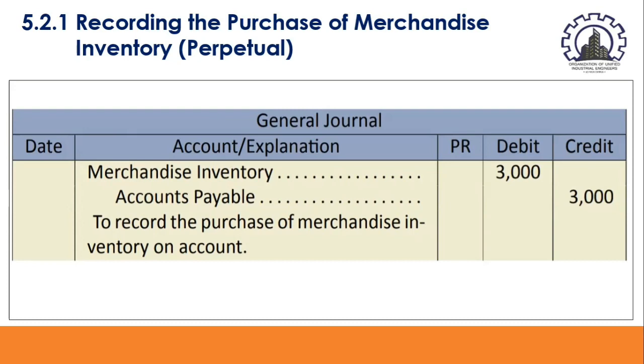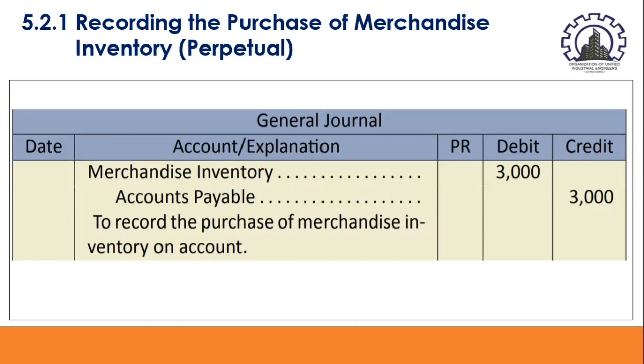So as you can see there, in your general journal, you debited merchandise inventory, okay? So that's $3,000. And then you credited accounts payable. So that would be $3,000 as well. So this transaction is to record the purchase of merchandise inventory on account.